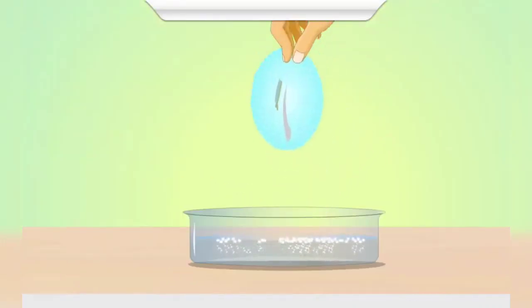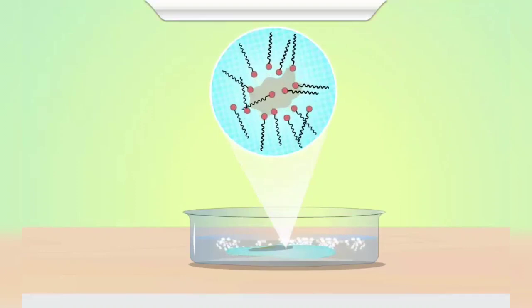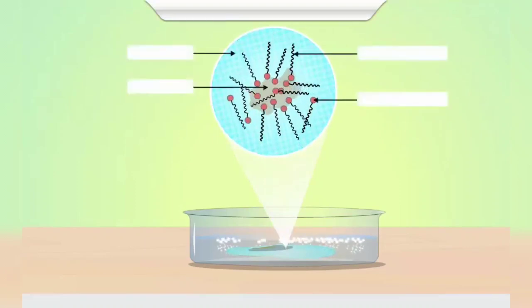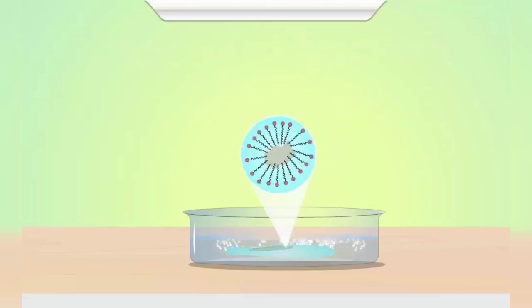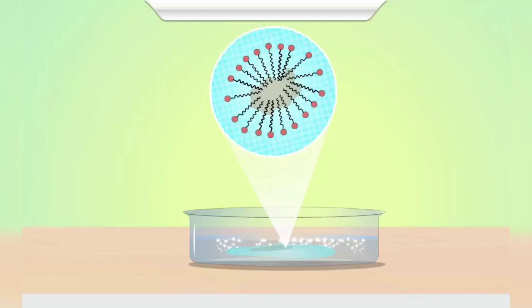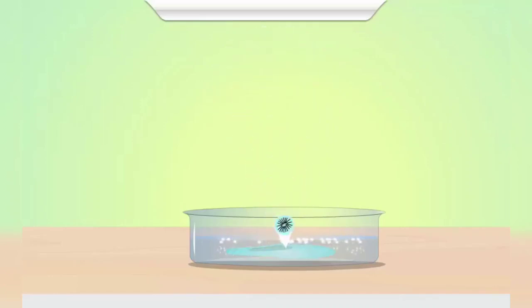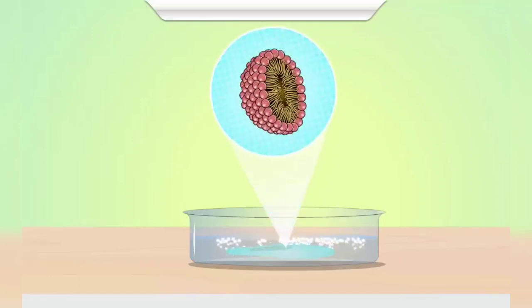When washing with soap, the hydrophobic ends of the soap molecules get attached to the dirt and grease particles. The particles of grease or dirt are loosened by the soap molecules around them and form a ball-like structure called a micelle.